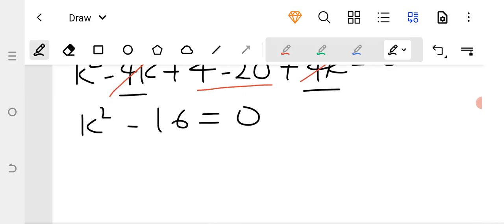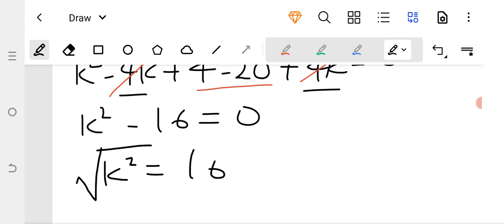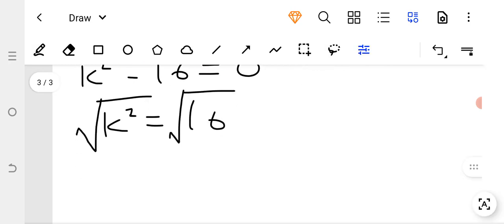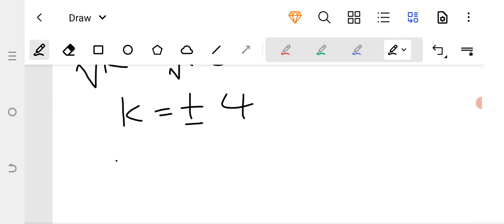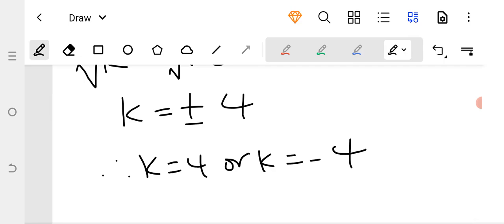And then now you have k squared is equal to 16. At this particular point we apply the square root to both sides, so plus or minus the square root of 16, which is 4. Therefore k is equal to 4, or k is equal to negative 4.